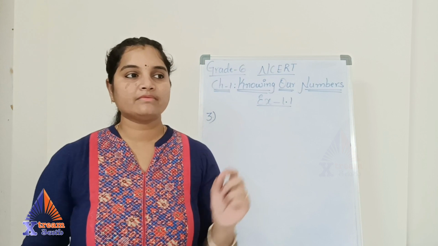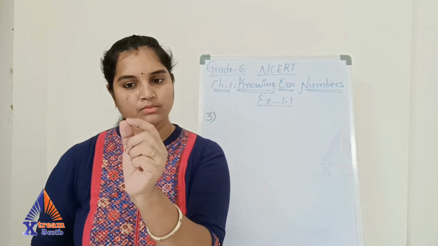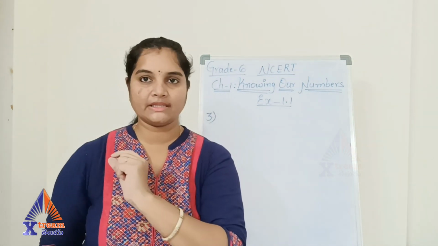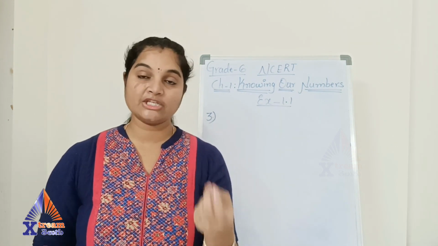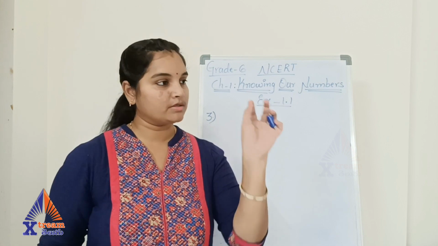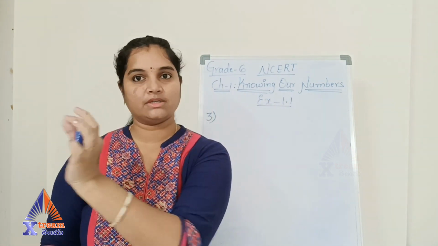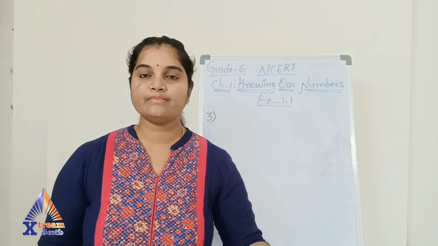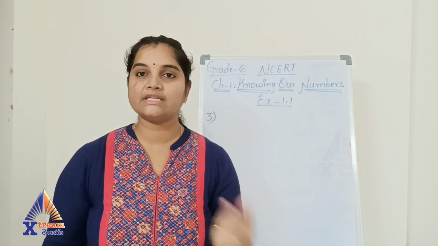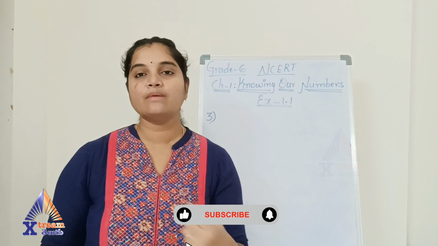So we have 1 2 3, 1 2, 1 2, 1 2 comma like that. But coming to the international system, it has 3 place values for each period. So we'll be doing it as 1 2 3, 1 2 3, 1 2 3. So every 3 digits we'll be putting a comma, after completing every place value period.